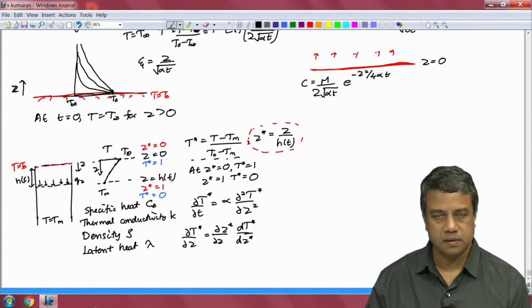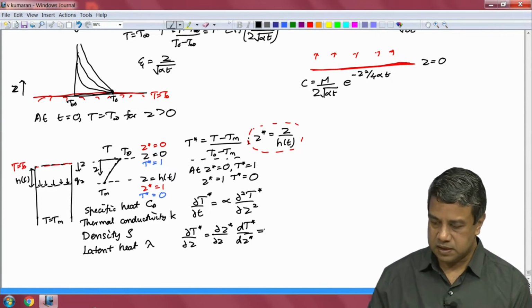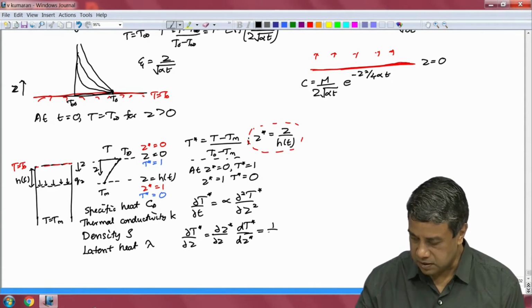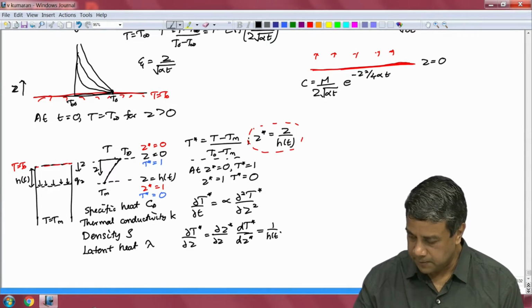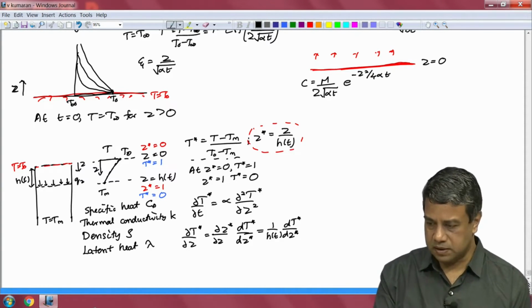And partial z star by partial z is 1 over h, just using chain rule for differentiation.